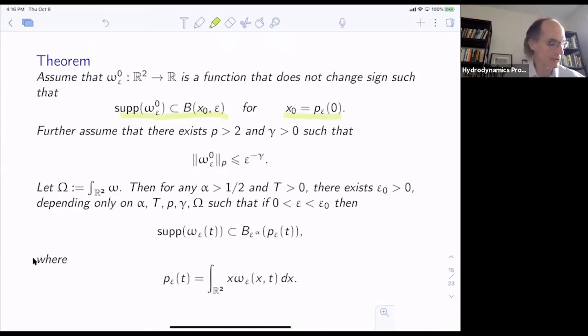And we assume also that we just have some bounds in some LP space bigger than 2, that the growth in norms is no bigger than some negative power of epsilon. That's a pretty generous assumption. And so then the claim is that if we look at time t, I fix some capital T, and I fix some alpha less than a half.